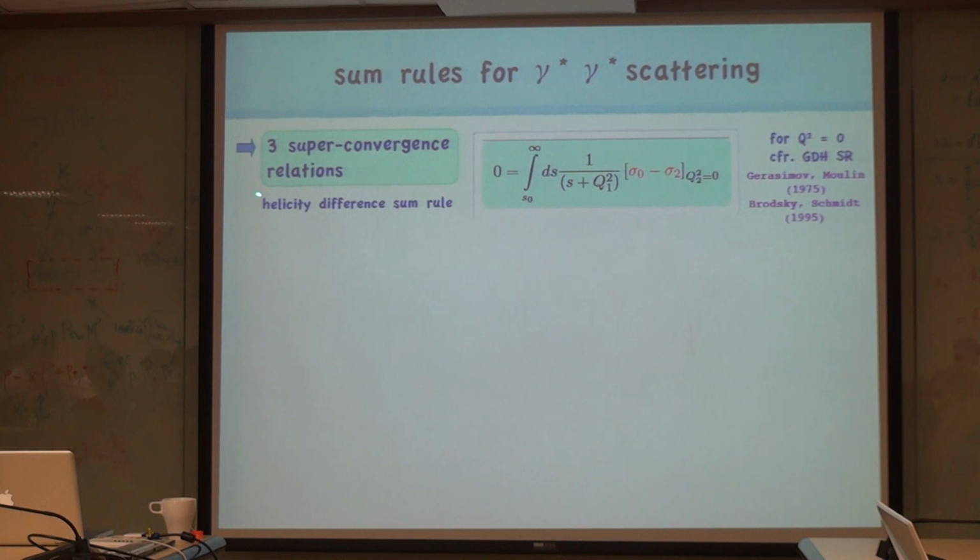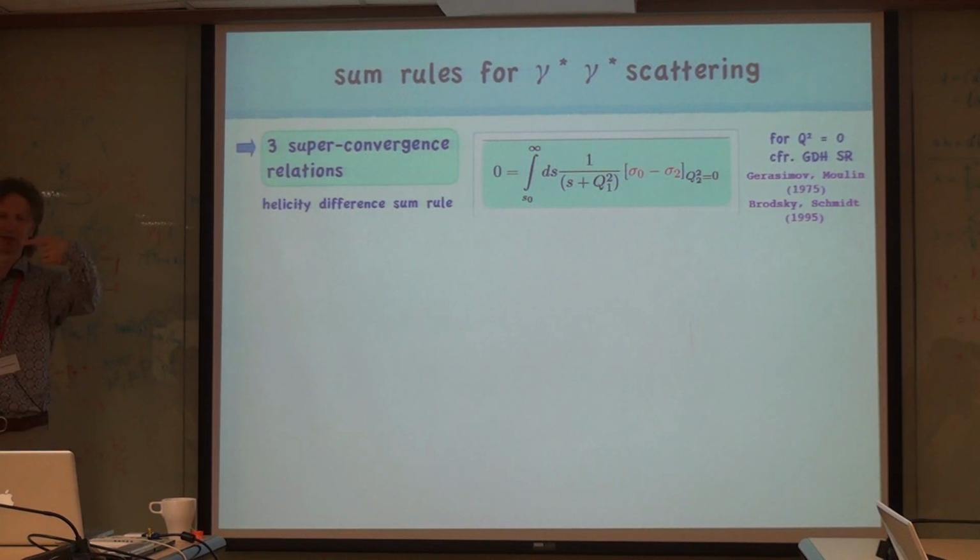Okay, if you now apply these dispersion relations, it turns out that you can find 3 so-called sum rules or superconvergence relations. A superconvergence relation is a difference between 2 sum rules where one of the sides drops out, so you have a 0, and then on the right side you have an energy integral over some imaginary part. I wrote it here in terms of cross-sections, where sigma 0 and sigma 2 are cross-sections where the 0 and 2 indicate the total helicity of the 2 photons.